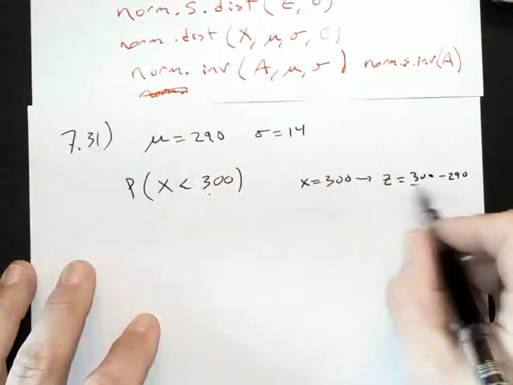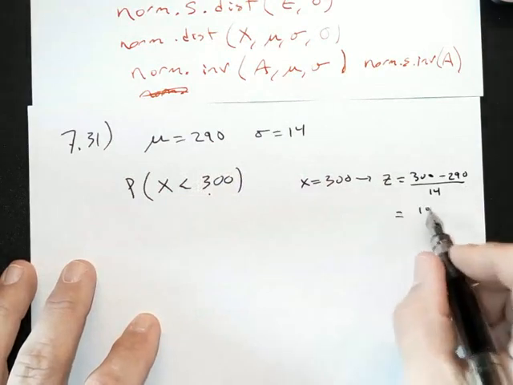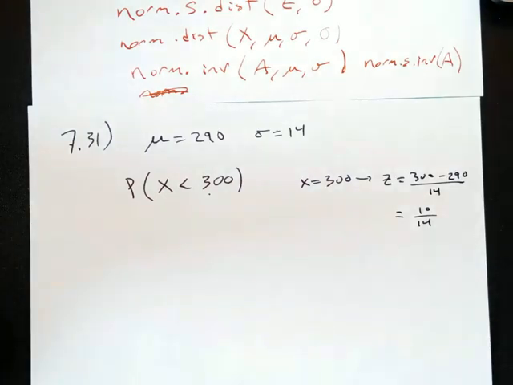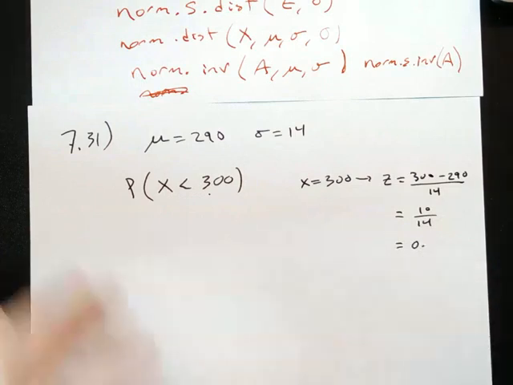Mean, and I divide deviation. 10, 14 places, calculator people. I'm sorry.